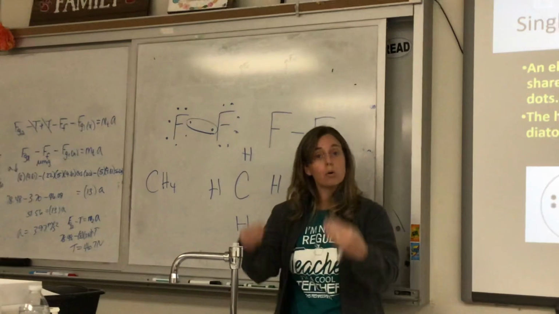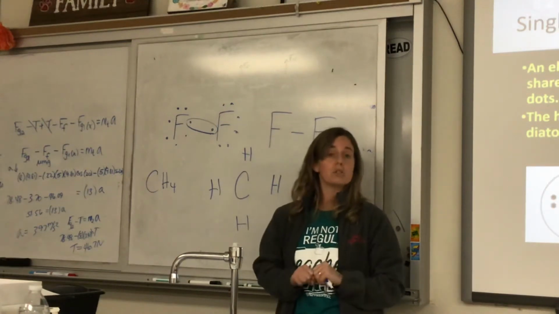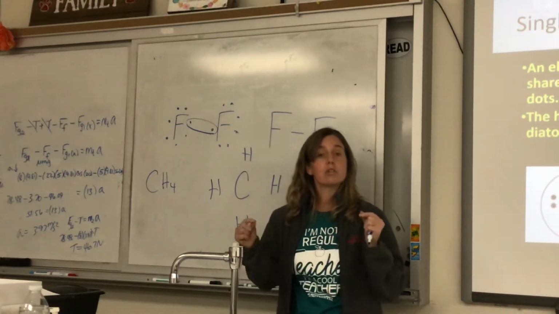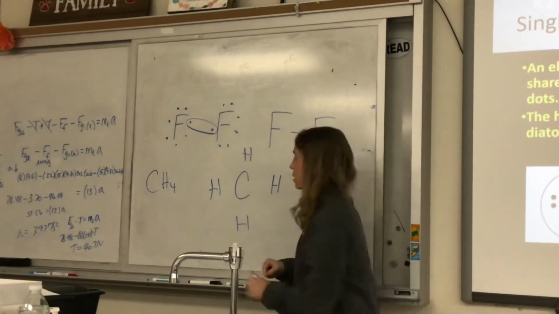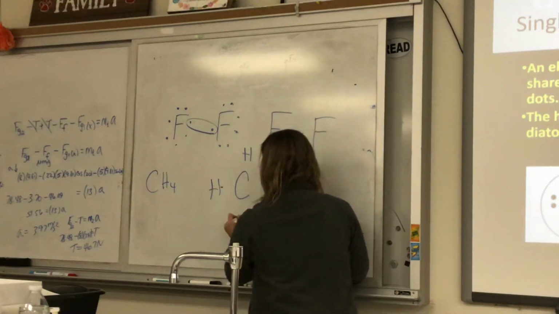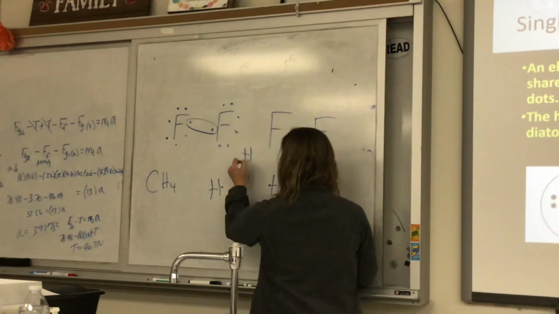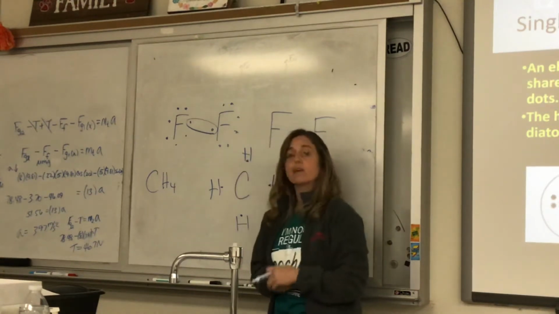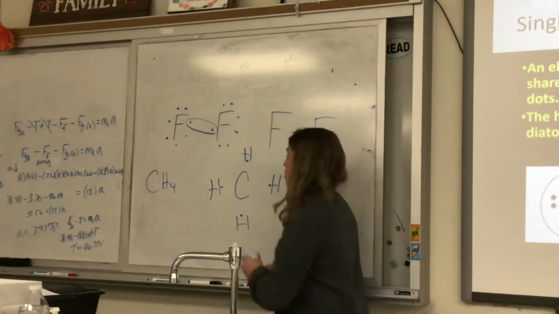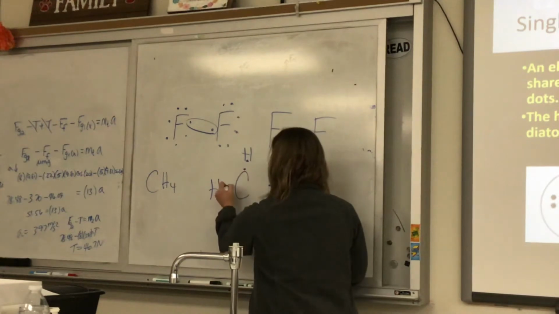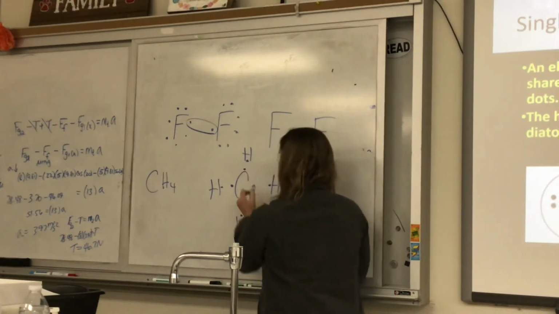So the total number of electrons between them will be 2, but each element contributes 1 electron. Each hydrogen has 1 valence electron. If you find carbon, carbon has 4 valence electrons, like so.